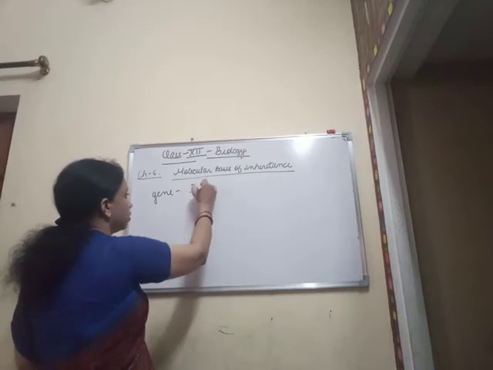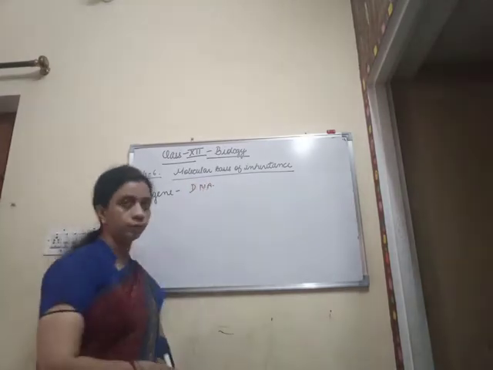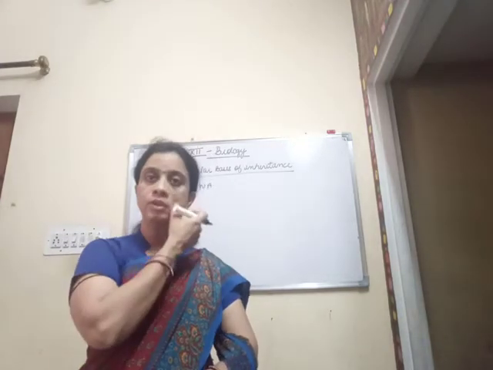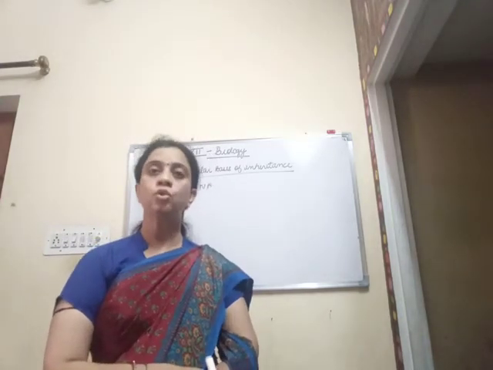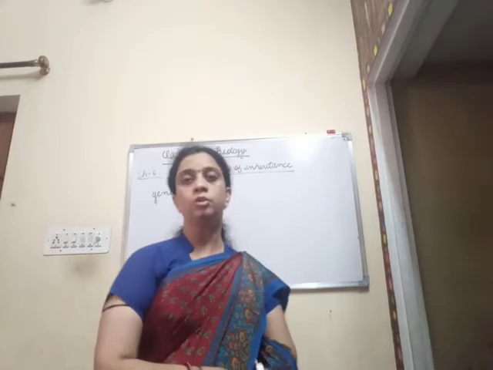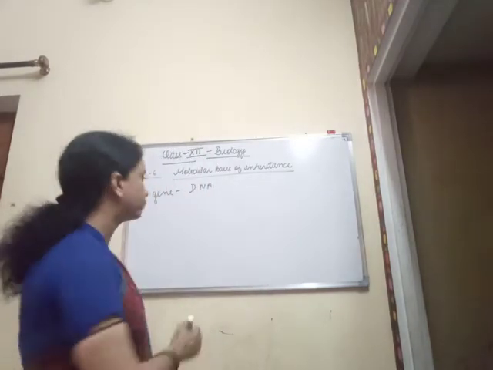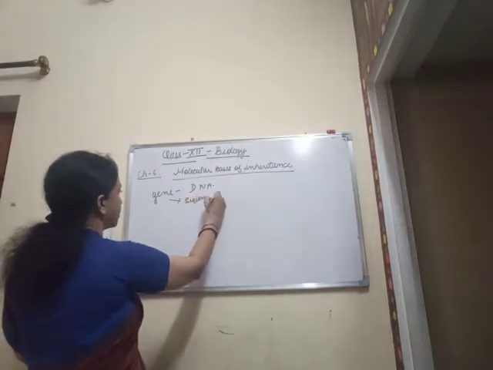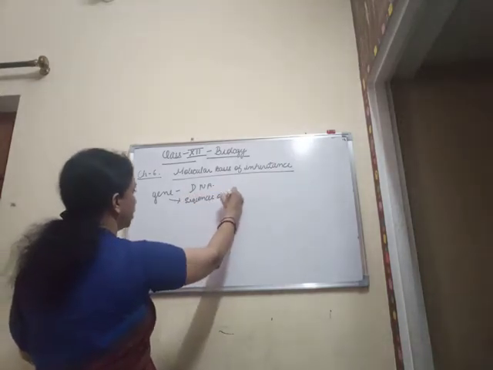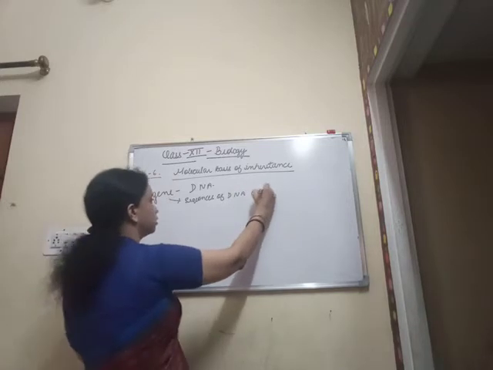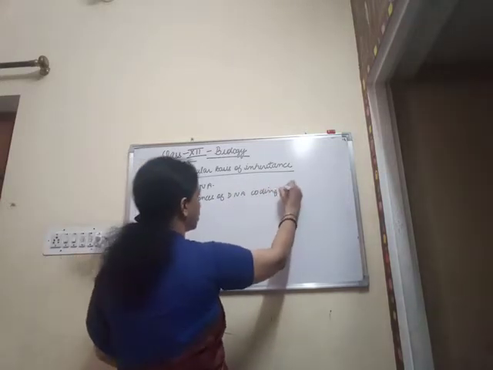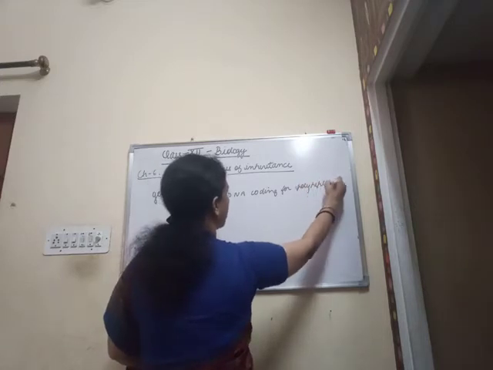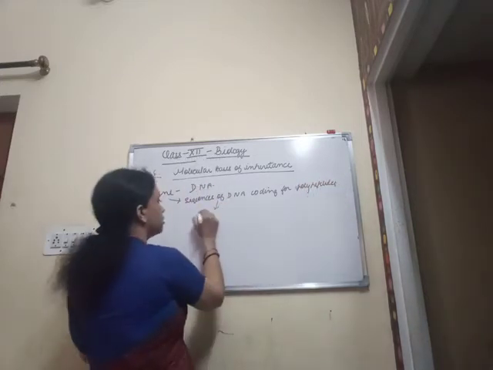As we all know, a gene is present on the DNA molecule, or we can even define a gene as a sequence of DNA, particular sequences of DNA which code for particular polypeptides. It may also be defined as sequences of DNA coding for polypeptides, and accordingly these are also termed as cistrons.